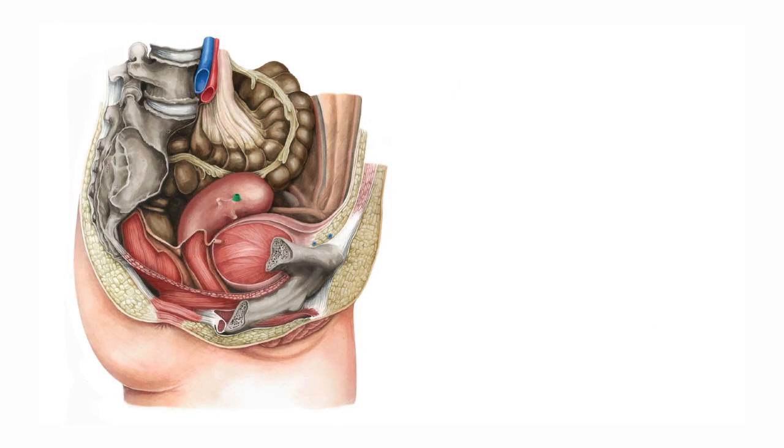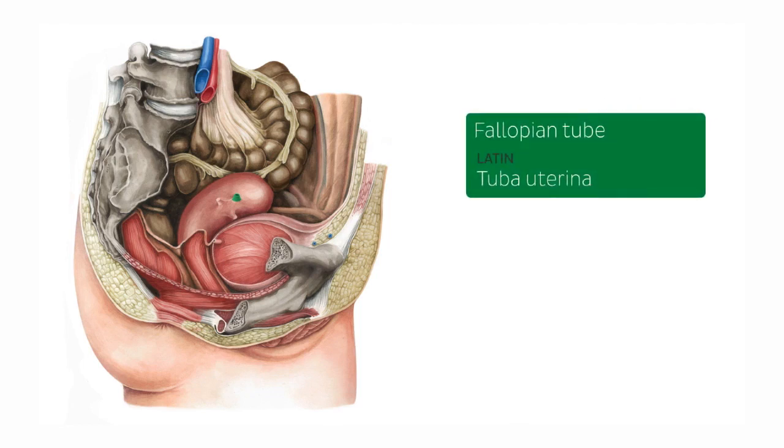Our next structure, we only see one here, but you would expect then a left one. This is the fallopian tube, more specifically the right fallopian tube. The fallopian tubes, or oviducts, are 2 narrow, hollow tubes that lead from either side of the top of the uterus, spreading outward and downward towards the ovaries.